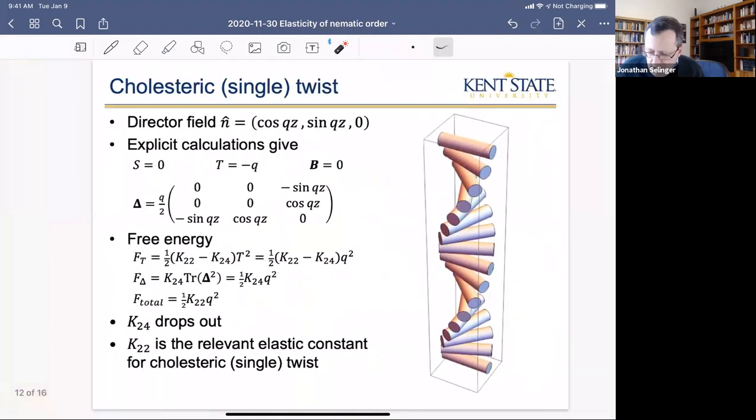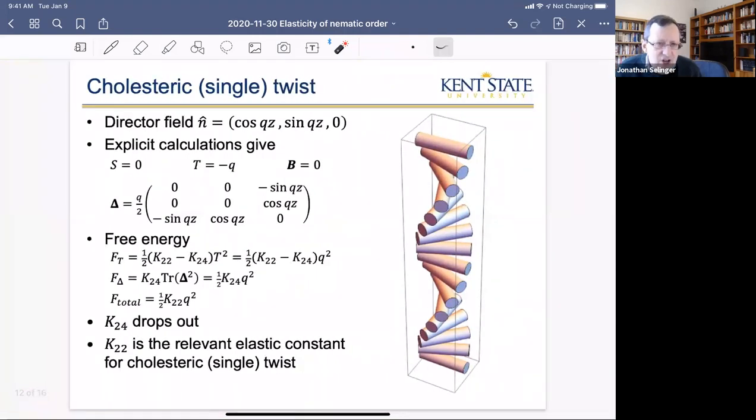Now, you can also sometimes, not just sometimes, often see a different kind of twist where the director is only varying as a function of 1 coordinate. Okay? That's what's shown in this picture right there. This kind of deformation has a director that depends only on z.